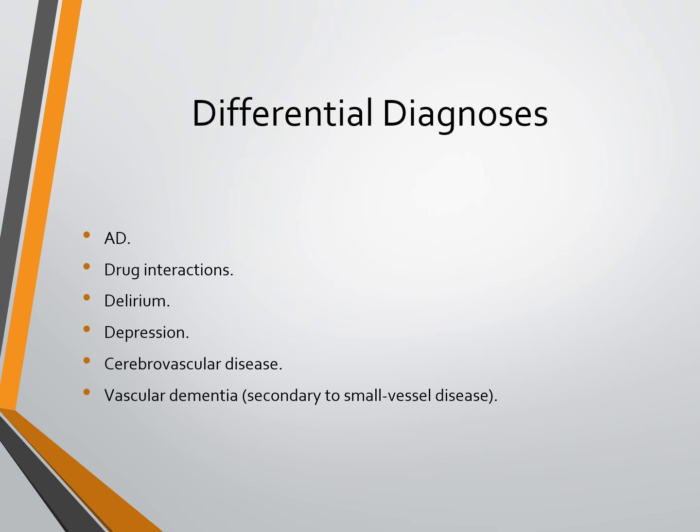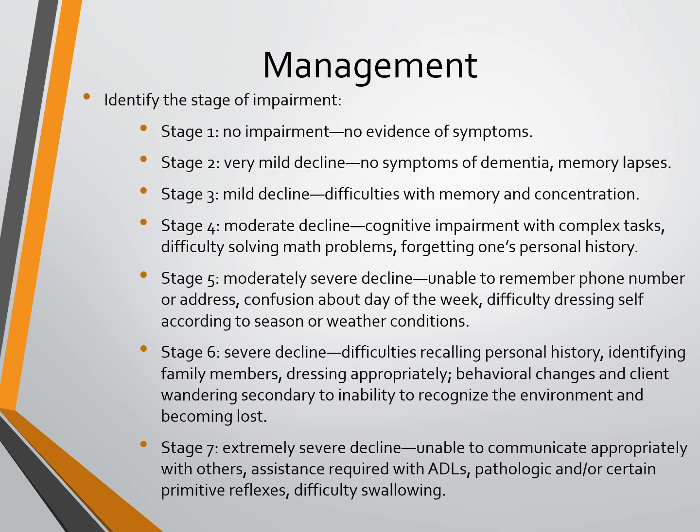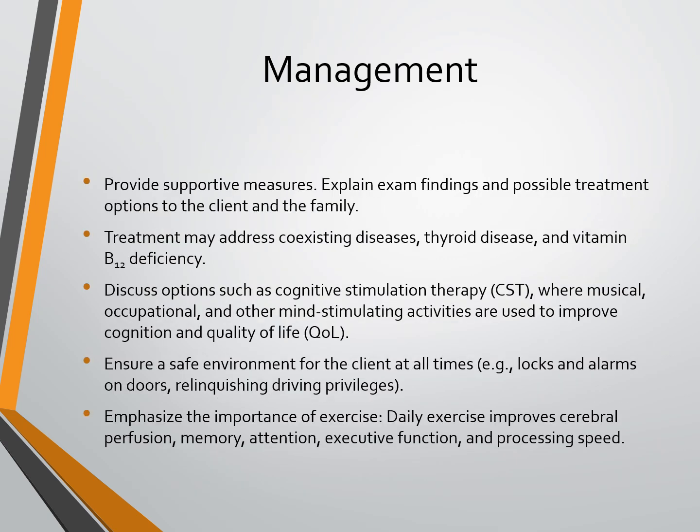These are differentials that you have in the back of your mind, and you want to rule them in and rule them out. So how do we manage patients who may present with Alzheimer's? That management would depend on the staging. There are 7 stages in Alzheimer's. I'll give you a few moments to review these because the stage determines what treatment you may want to do with these patients.